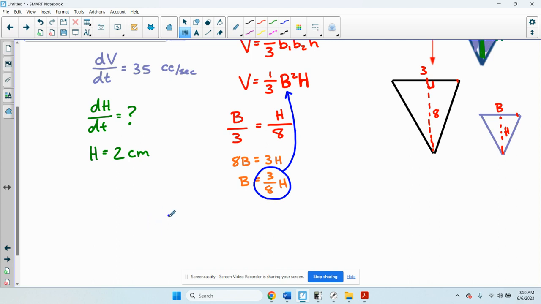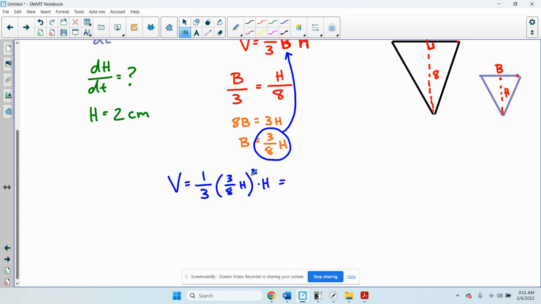So I get the volume equals 1/3 times 3/8 H squared, because it's B squared, times H.